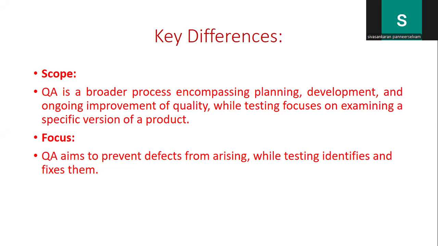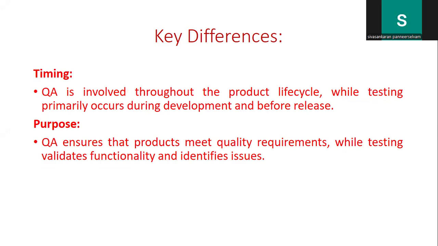The next one, quality assurance primarily focuses on reducing the defects present in the existing product through proper inspection and testing. Quality assurance is involved throughout the product life cycle, while testing primarily focuses on during and before the product release. So you have to maintain a proper timing for product quality assurance.